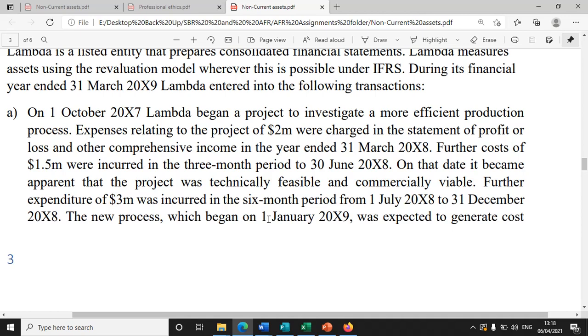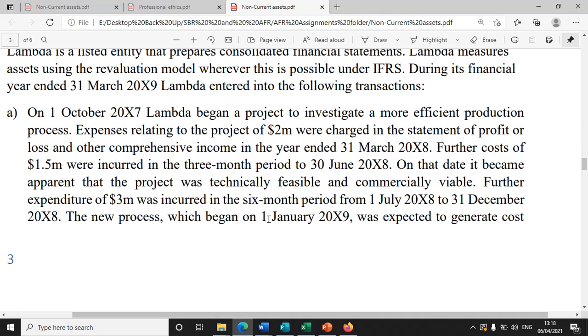300,000. Now, how do we know that? We have to calculate. So you have got 3 million, then you multiply that by 3/12.